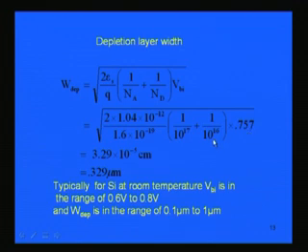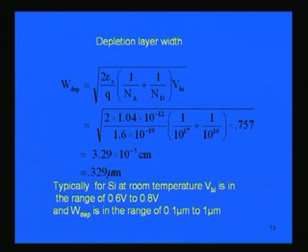The calculation of this expression under root gives us 0.329 micrometer as the width of the space charge region or depletion region for this typical silicon PN junction.